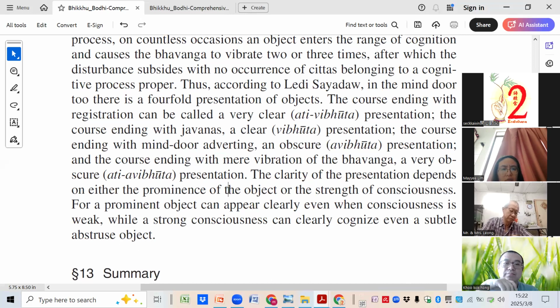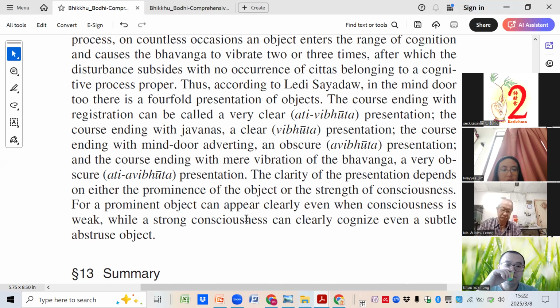The course ending with mind door averting, an obscure, avibhuta presentation. And the course ending with mere vibration of bhavanga, a very obscure, ati-avibhuta presentation.